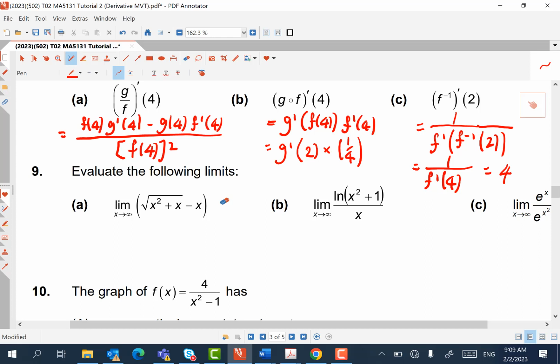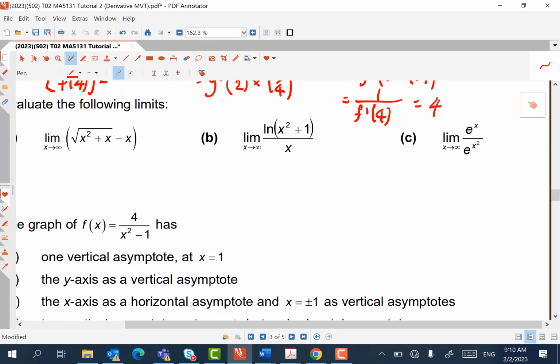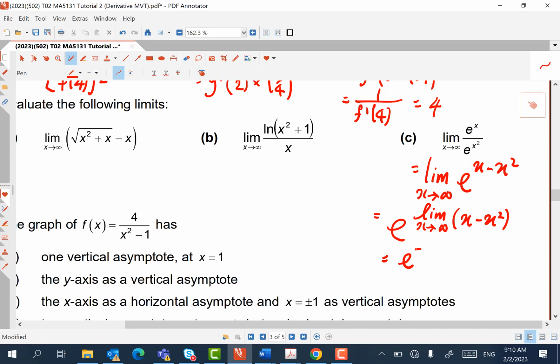James did it as well. 9C is like that, you know. Can't use operator.